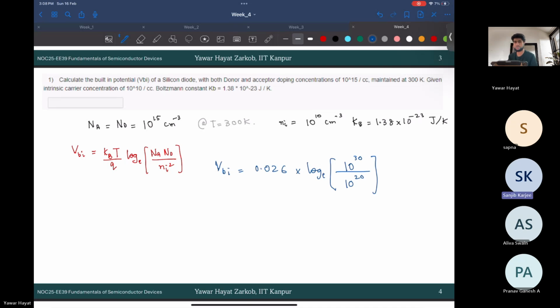Zero point two six. 0.26. Can somebody recheck it? 0.026 times the natural log of 10 to the power 10. Wait, did I make a mistake?